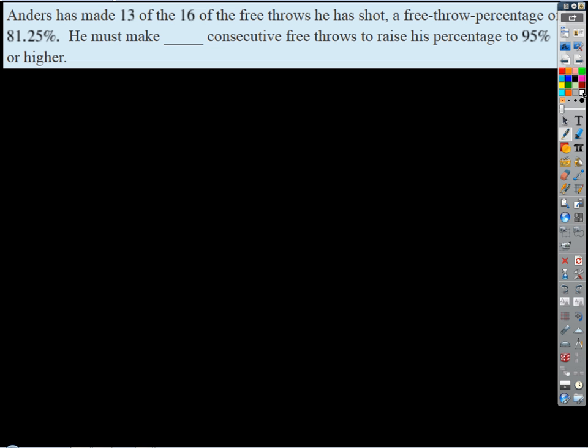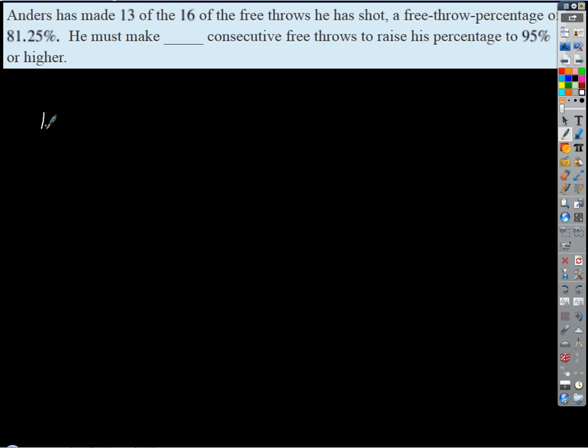So we know he's already made 13, he's already attempted 16, but we want to know how many additional he needs to make to raise his percentage to at least 95%. How would I write the total number of makes, including our variable x? The number of additional consecutive makes he needs, so 13 plus x.